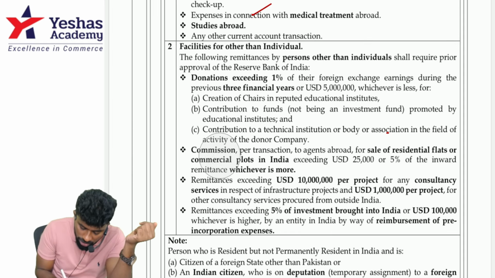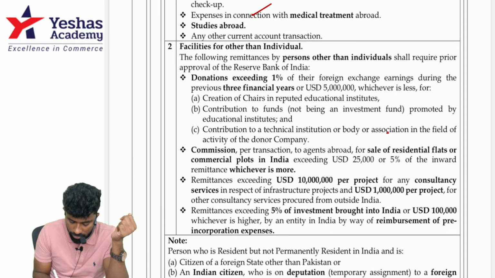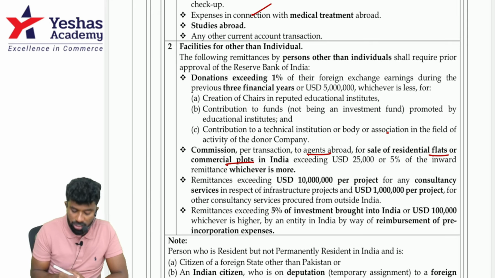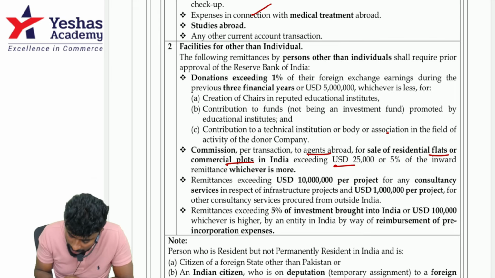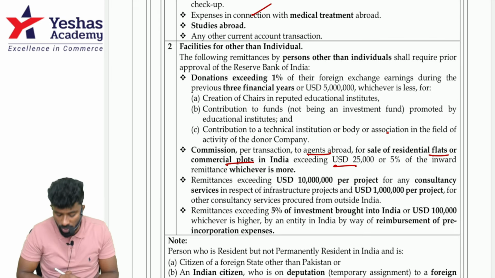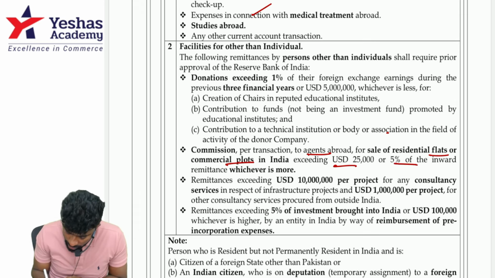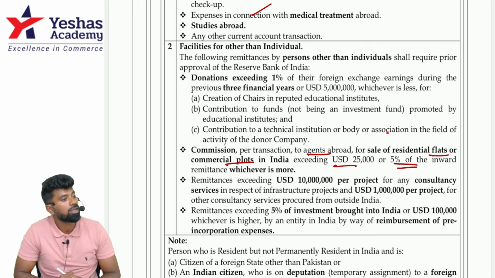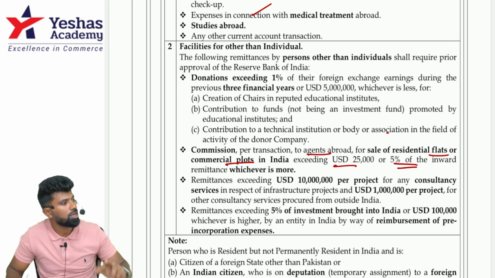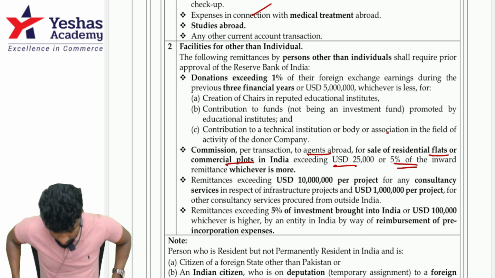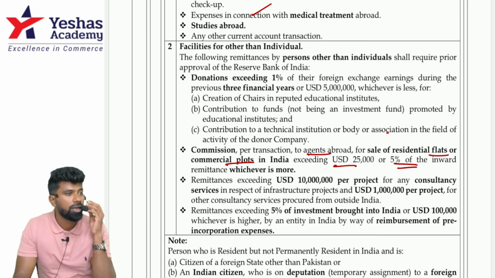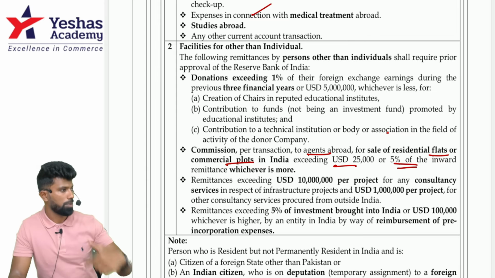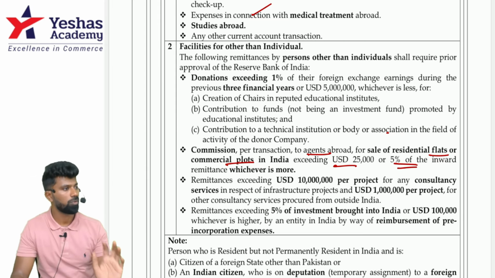Second one, commission for transaction. Commission to the agents abroad for the sale of residential flats or commercial plots in India, exceeding how much? US dollar 25,000 or 5% of the inward remittance received, whichever is more.